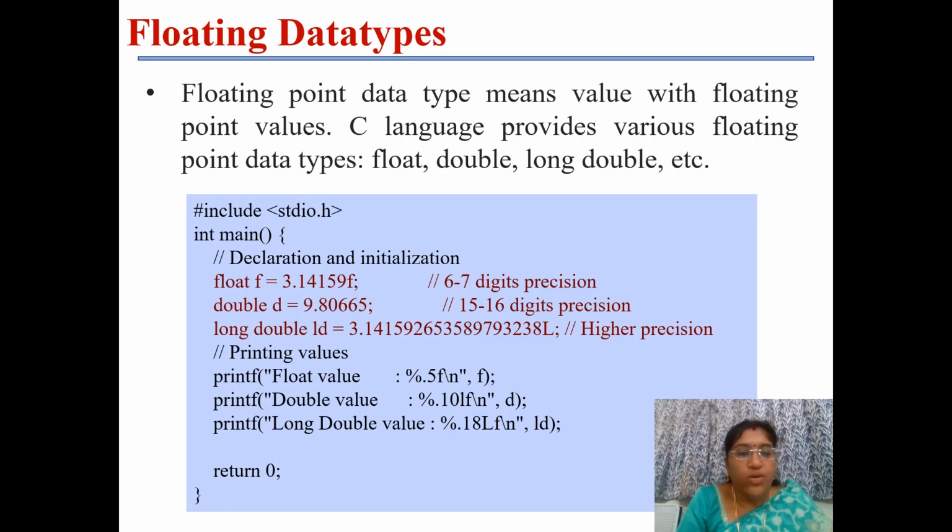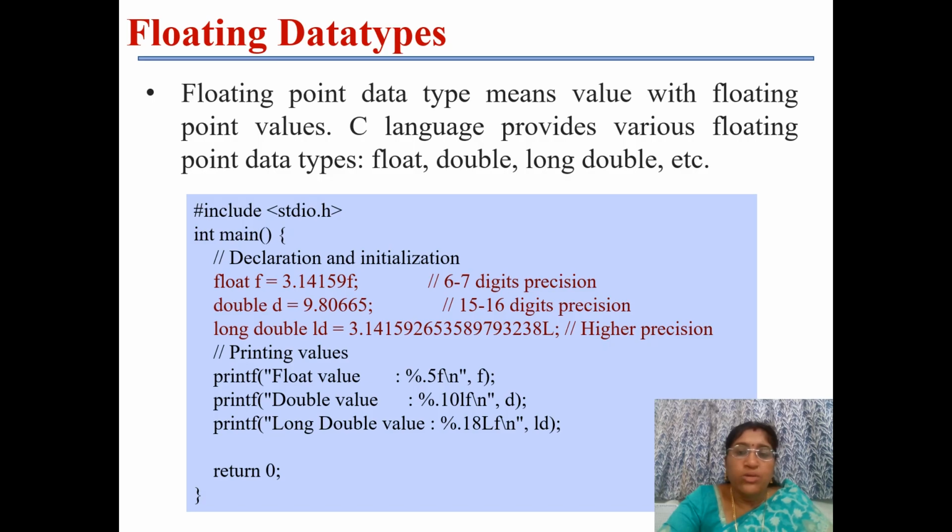Next, we are going to discuss the floating data type. It is used to store decimal numbers. C provides various floating data types: float, double, long double. In this example, float is a floating data type, and f is a variable of floating data type, with value 3.14.